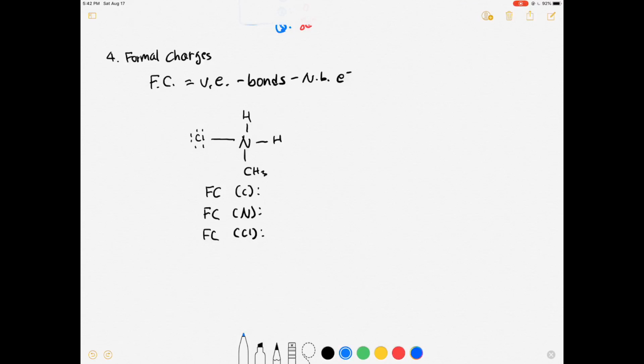And so number of valence electron for carbon, if you look at the periodic table, it is 4, right? So 4, I'm going to write down over here, minus number of bonds. How many bonds is carbon making? So if you look at this part closer, you have a bond coming down from here, a carbon, and 3 H's, because of CH3. It has 4 bonds.